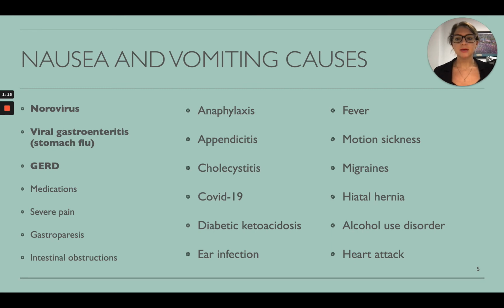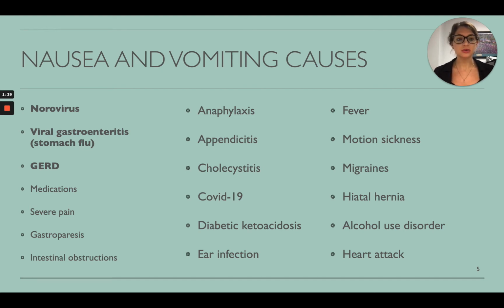So there are some causes specifically that will induce nausea and vomiting, or that can. And the first 3 are going to be the main ones. So the norovirus, viral gastroenteritis, which is known as the stomach flu, so I'm sure many of you are familiar with this. GERD, which we will review briefly, and then some other causes of nausea and vomiting.